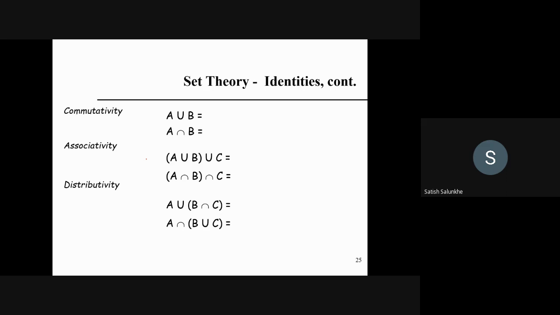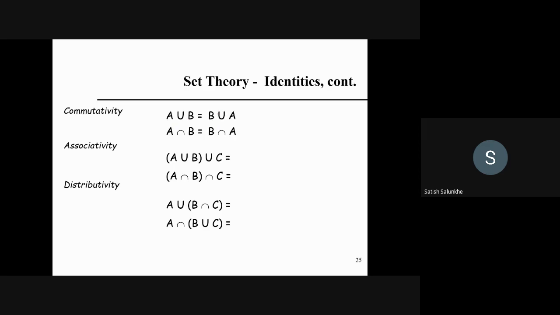Similarly, if we perform 3 plus 5 and change the position of the operands, whether you do 5 plus 3 or 3 plus 5, if you get the same result irrespective of the position, then we say the operator obeys the commutativity property. So A union B is always equal to B union A.